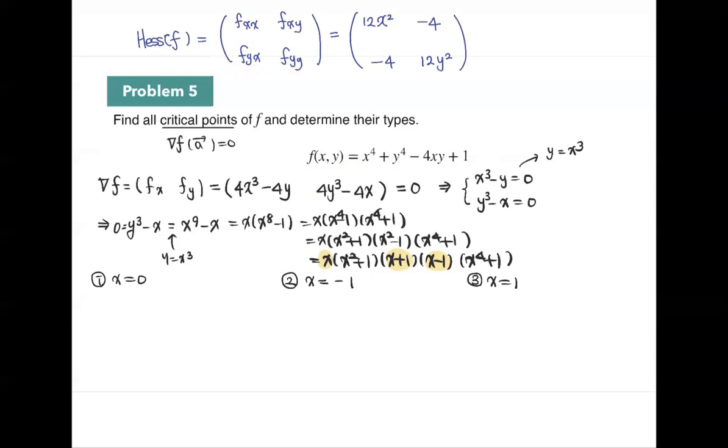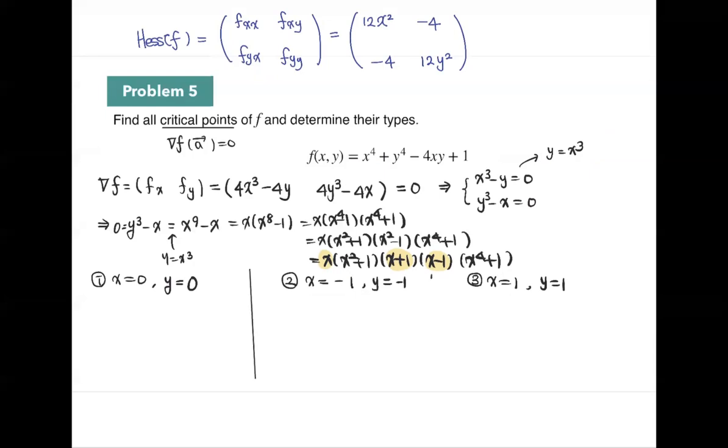When x equals 0, because of these relations, y must be 0. If x is minus 1, y is also minus 1, and if x is 1, then y is 1.